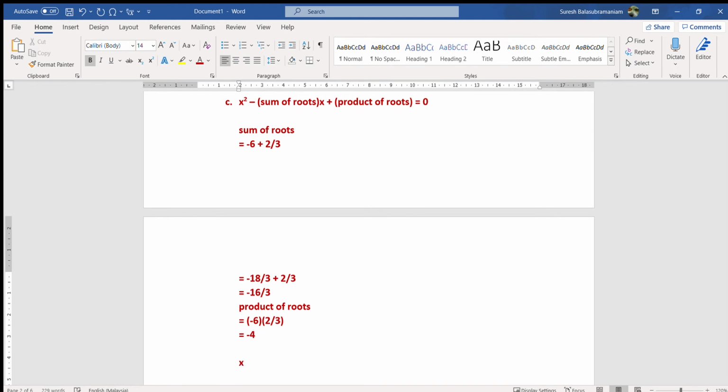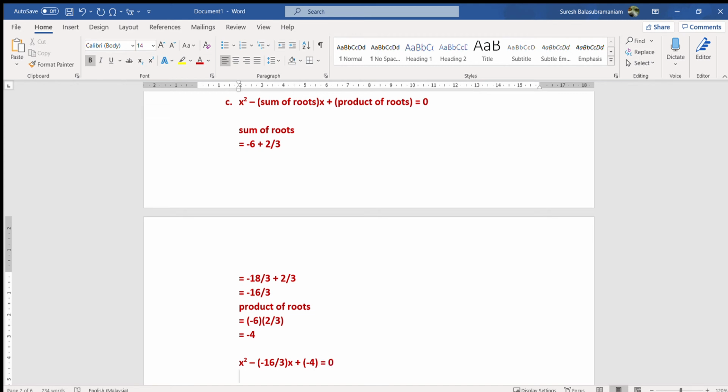So x square minus sum of roots, negative 16 over 3 x plus product of roots, that's negative 4 equals to 0.